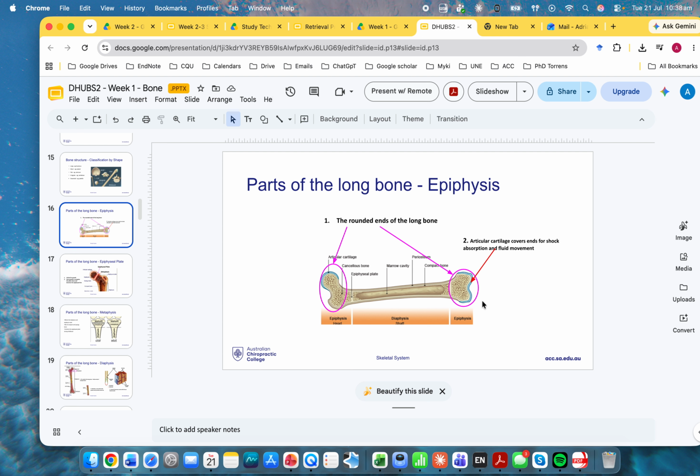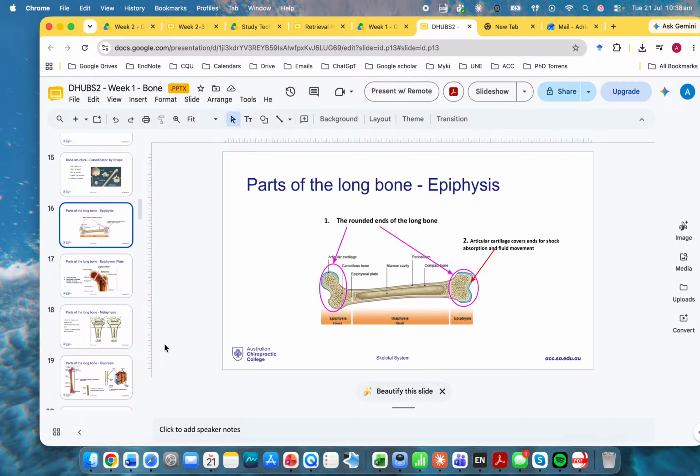And the question underneath might say, what is the name of the location at the end of bones? Or have this blacked out, right? So just circle this area in here, and I ask myself, where is the epiphysis? And then in the next slide, I have this one outlining the epiphysis.